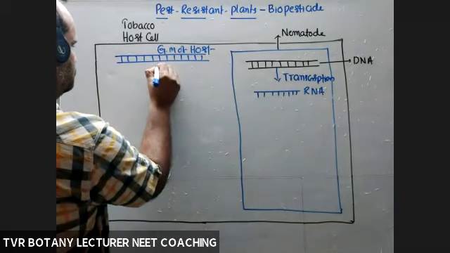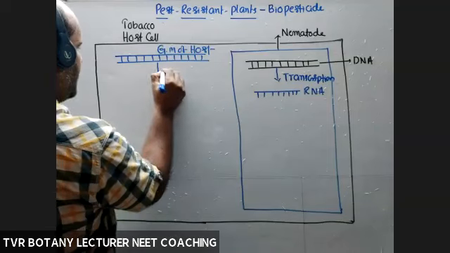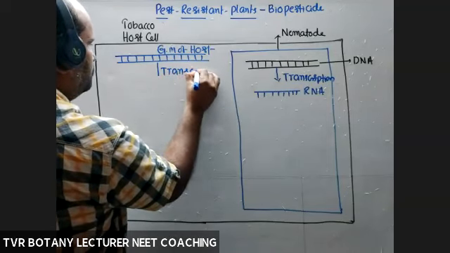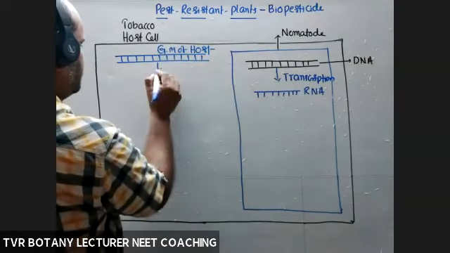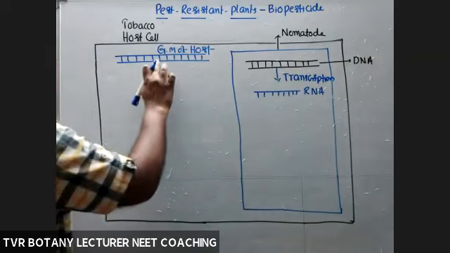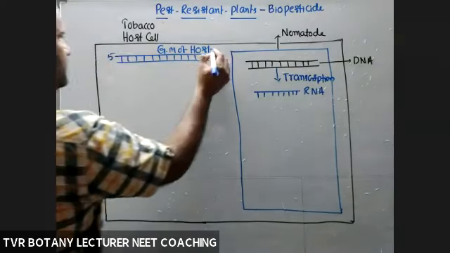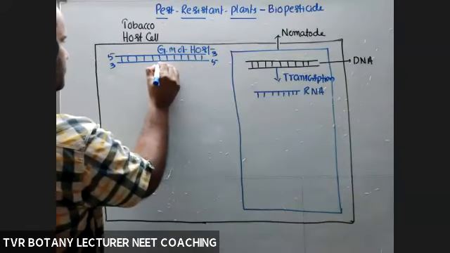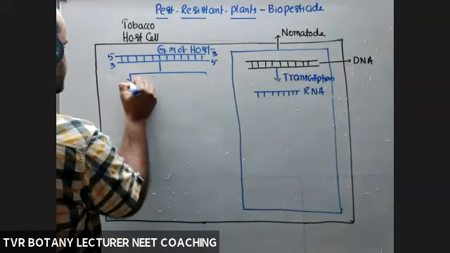So now, transcription. Let us separate both the strands to understand the concept clearly. Separate these two strands, 5 to 3, 3 to 5.